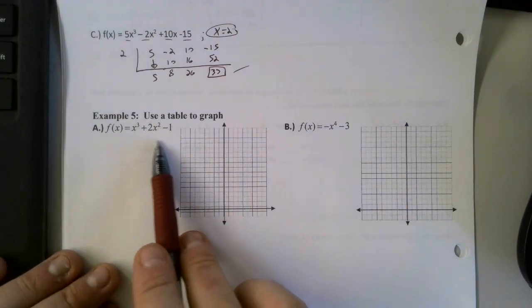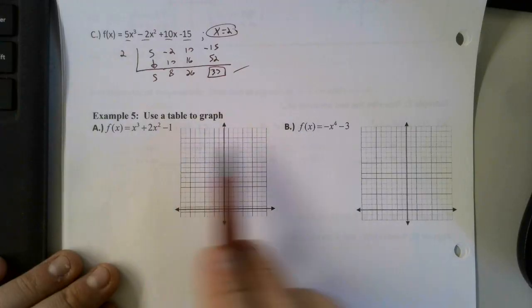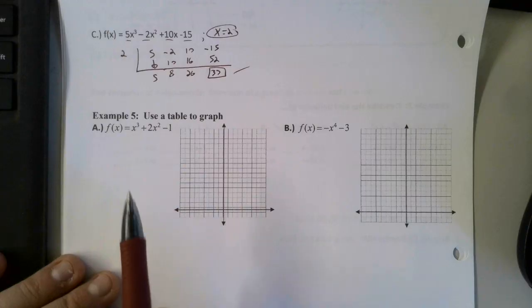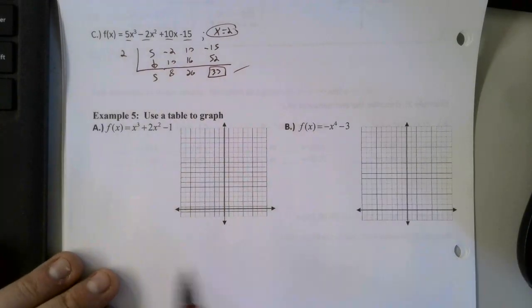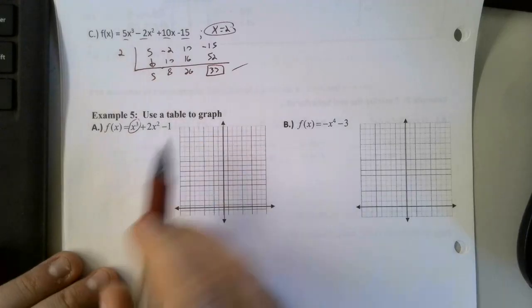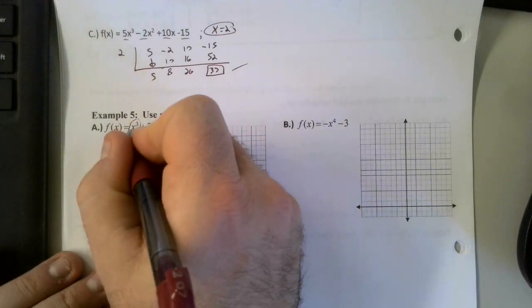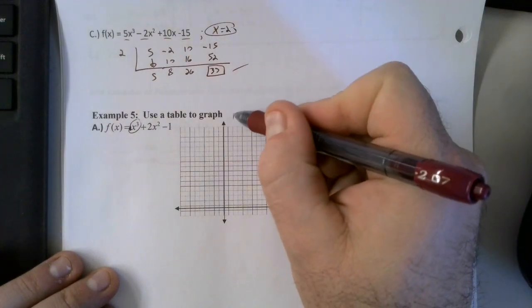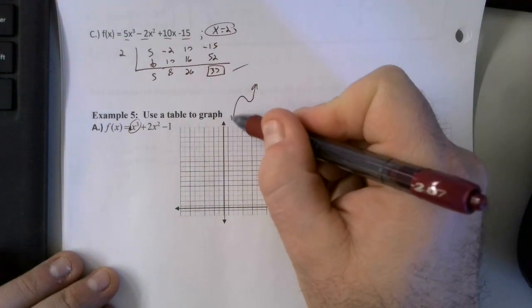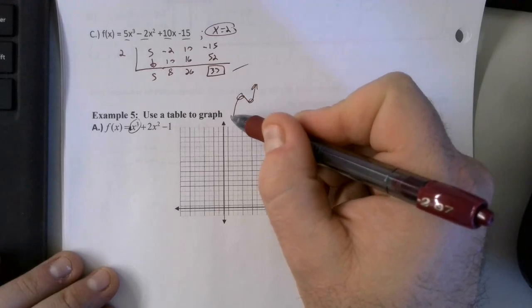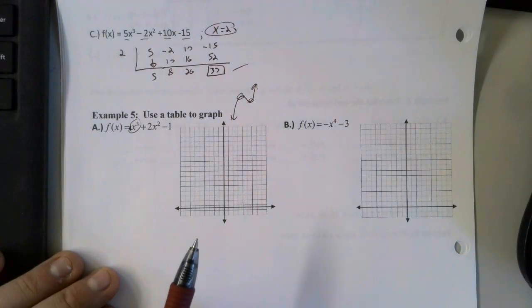When we graph a polynomial, we basically do what I showed you with the other examples, but I do want you guys to see a few features. Because this is an odd degree function with a leading coefficient that's a +1, we know it's going to have 2 turns, and it's going to go up as you go right and down as you go left across the graph.